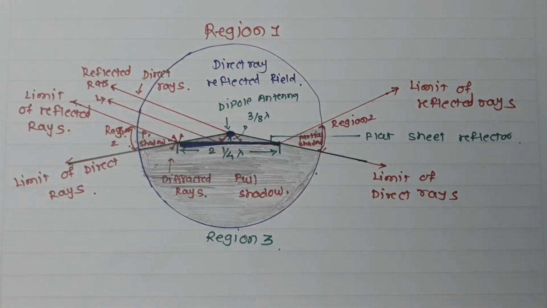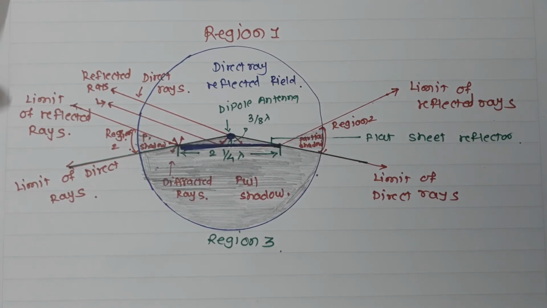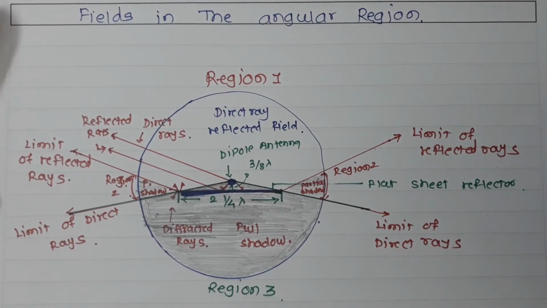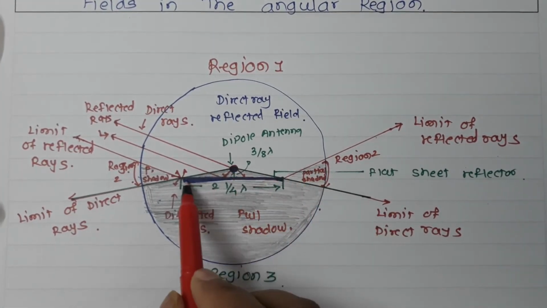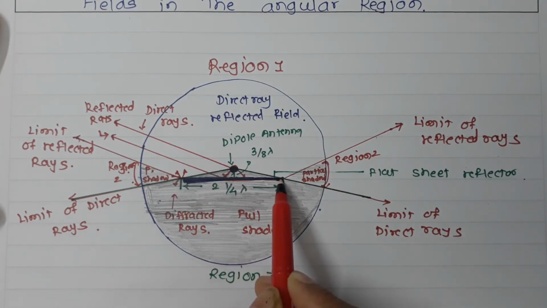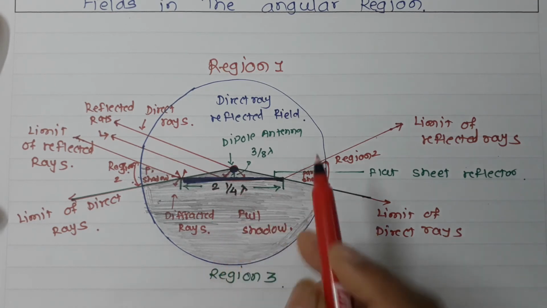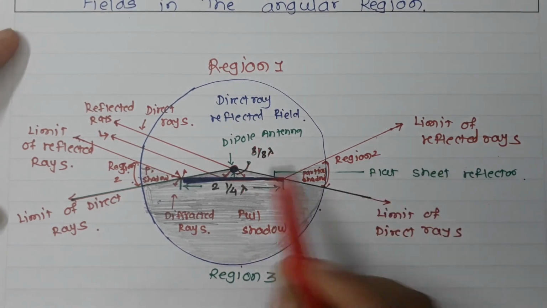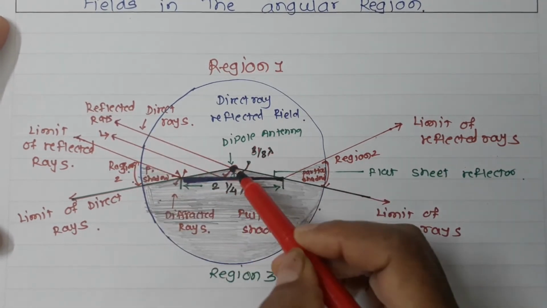Okay, so this is the relationship of the spacing and your radiations. The next one is the field in the angular region. To understand the fields in the angular region, suppose your dipole antenna is placed over here. This is the reflector which you have placed behind the dipole antenna, which has a length of 1 by 4 lambda, and your dipole antenna is of length 3 by 8 lambda. This antenna will radiate directly.